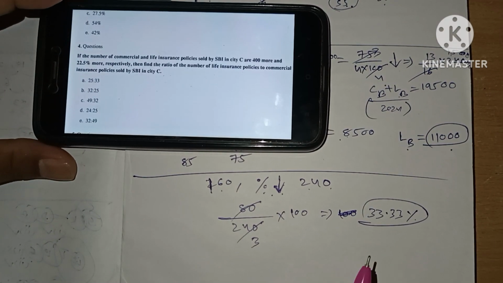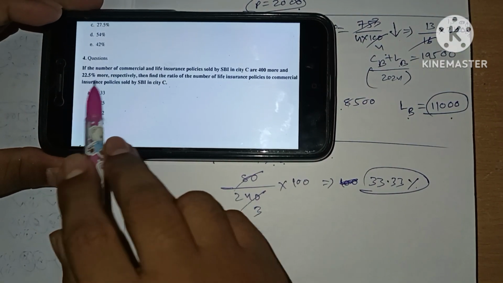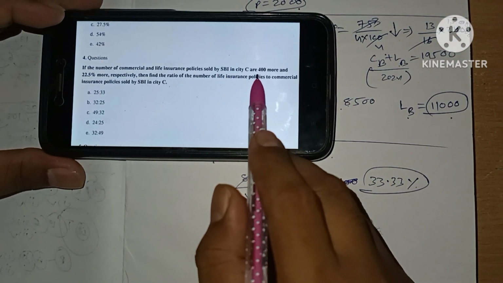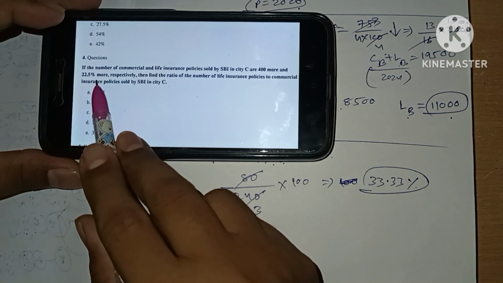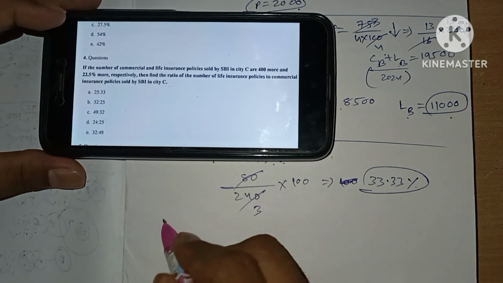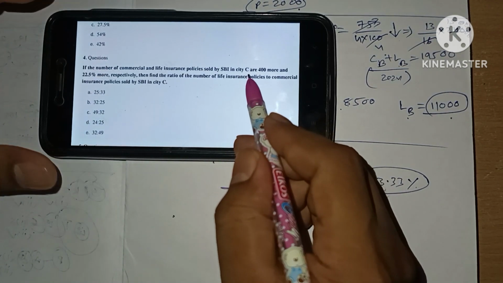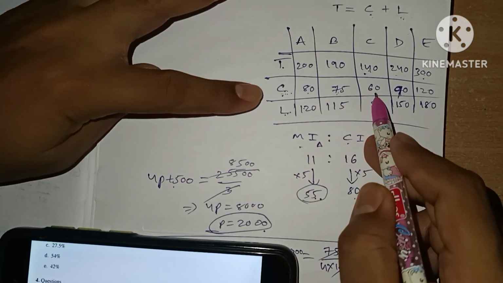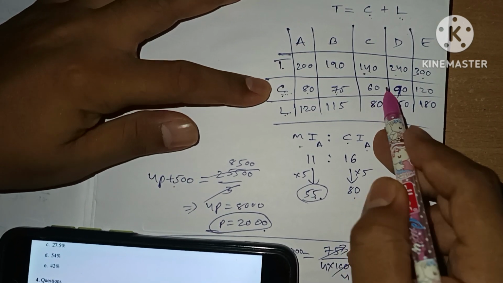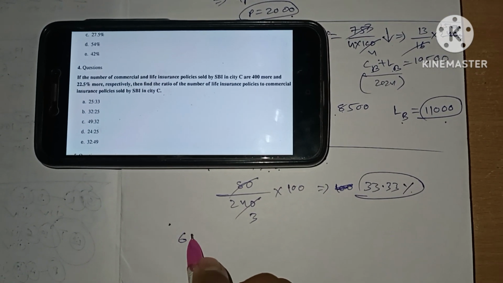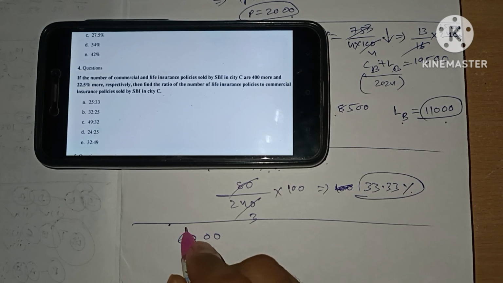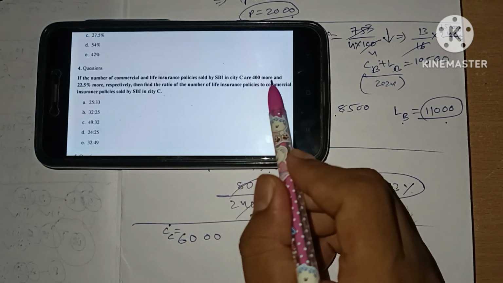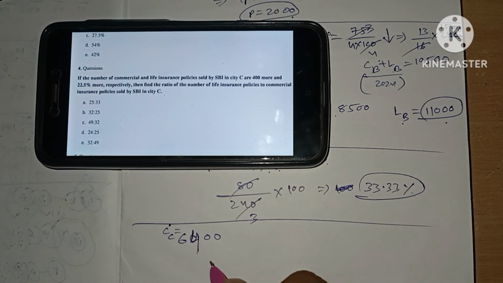Next, fourth question. If the number of commercial plus life insurance policies sold by SBI in city C are 400 more and 22.5% more respectively. Commercial of C is 6000, and 400 more means now it is 6400.